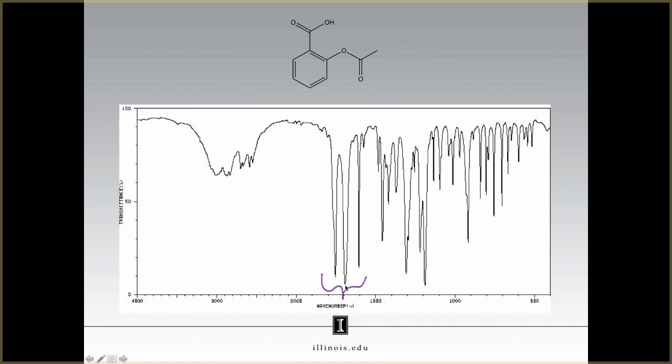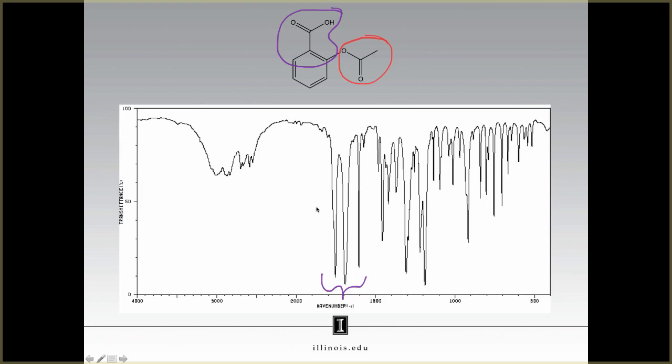And we see that in our molecule, we have a conjugated carbonyl. We have this carboxylic acid carbonyl directly connected to a carbon-carbon double bond. In contrast, we have this ester carbonyl, which is not conjugated. Therefore, it should appear above 1700, and indeed, it does, at around 1750.